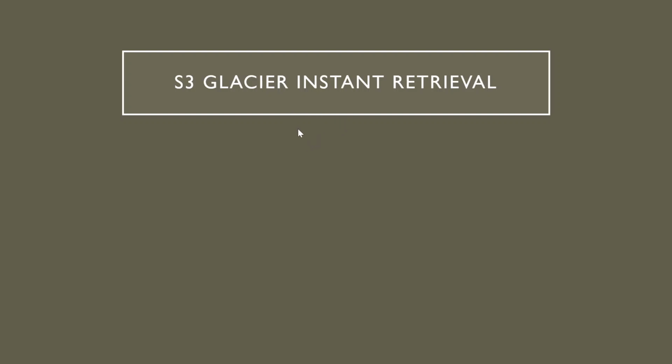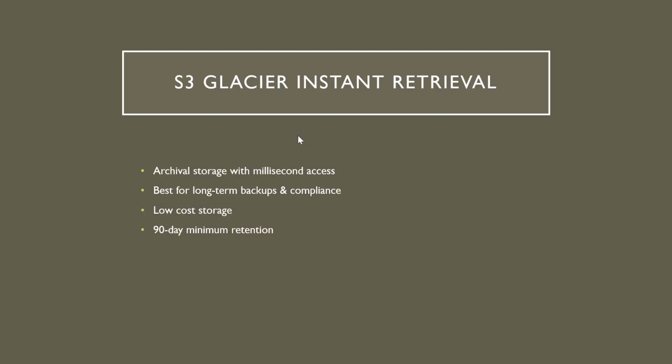So that's why we go to Instant Retrieval. Its use case is best for long-term backups and rarely accessed data. Its features: multi-availability zone, low cost storage, and a minimum 90-day charge. You have to pay the charge of 90 days, and the minimum object size is 128 KB.